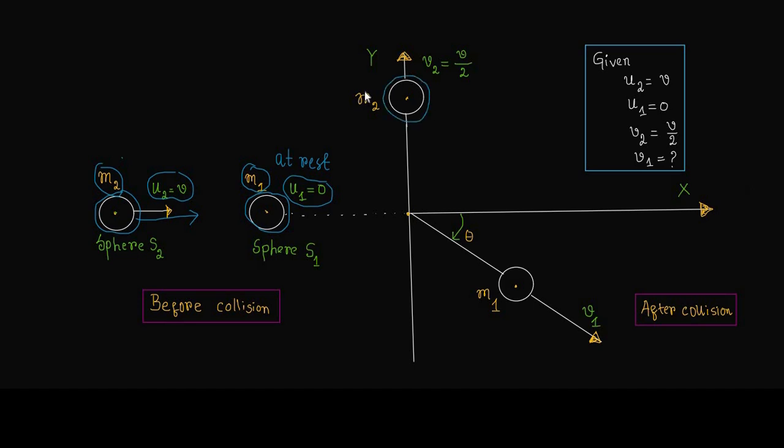Now the sphere S2, after the collision, will be moving with the velocity v2 equal to v by 2 at right angles to the original direction, that is at an angle 90 degree with respect to x-axis, and the sphere S1 of mass m1 will be moving with velocity v1 at an angle theta with the original direction.